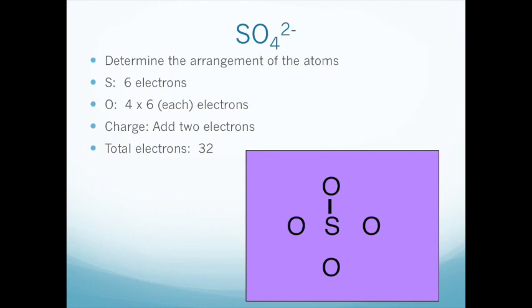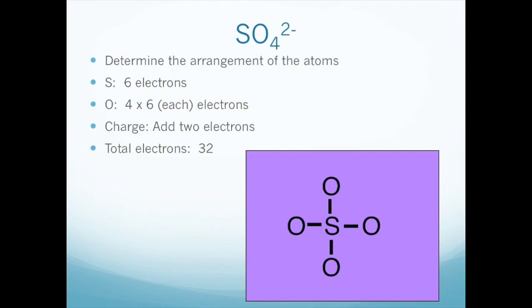Now, we start by forming single bonds between each of the oxygens and the central sulfur atom, which leaves 8 electrons around sulfur, but only 2 on each of the oxygen atoms.